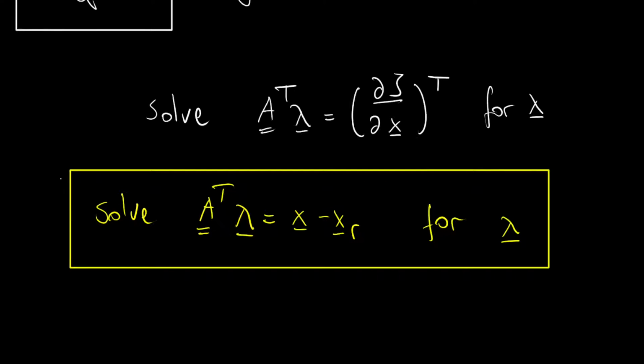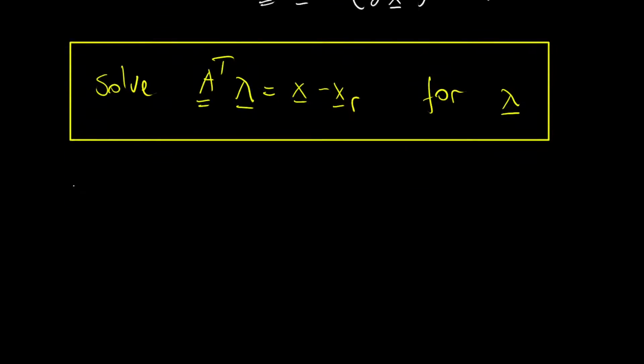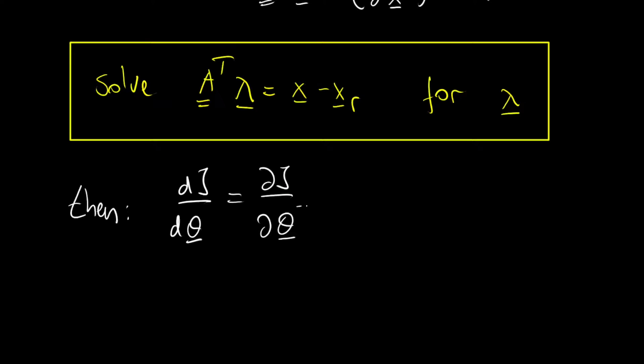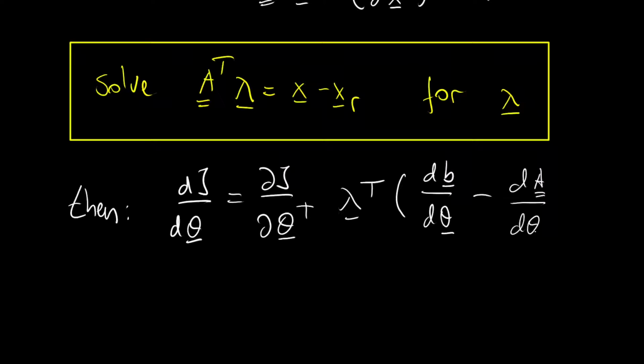And then we can evaluate the sensitivities according to the following formula by saying dJ by d theta in a total sense is partial J partial theta plus lambda transpose, and then we have db by d theta in a total sense minus dA by d theta times x.